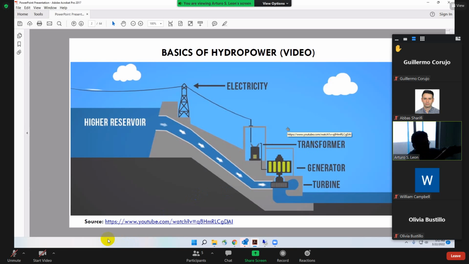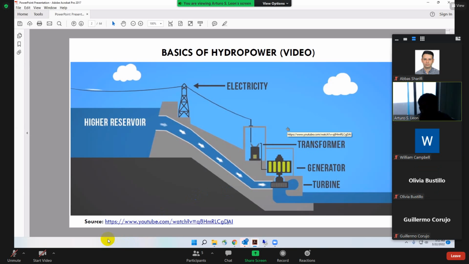So what we will see today is how to optimize hydropower. And I will show you a case study. And you will play with MATLAB, and you can apply this, of course, to your particular case, if you have a hydro in another place.